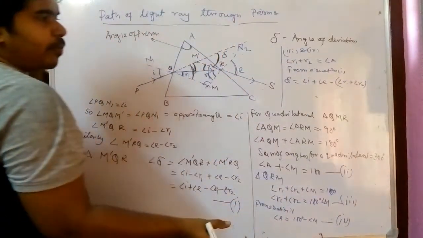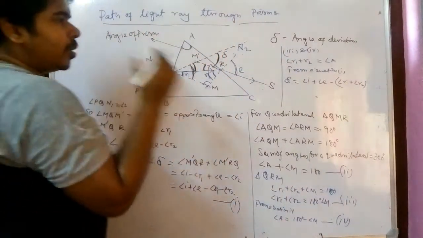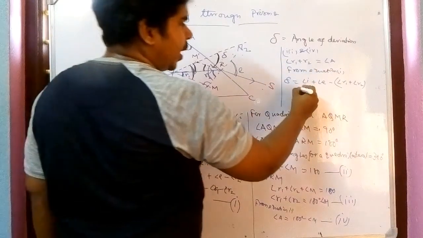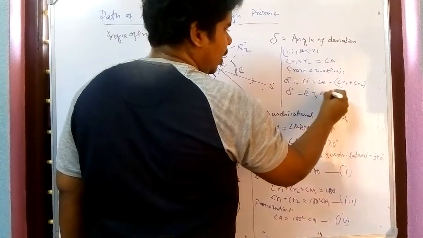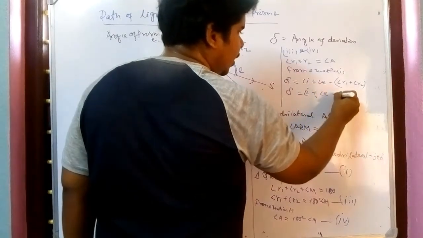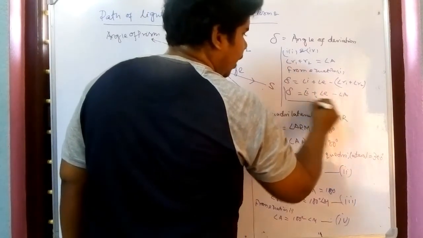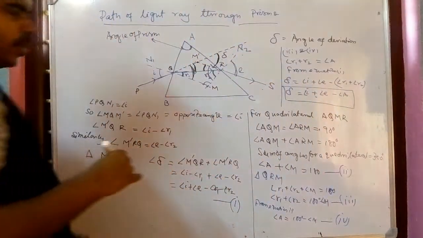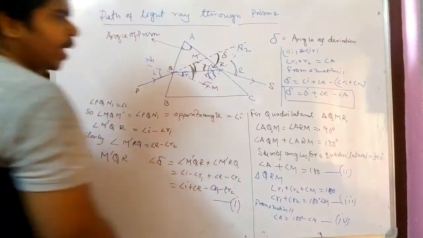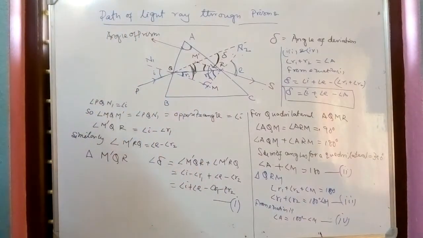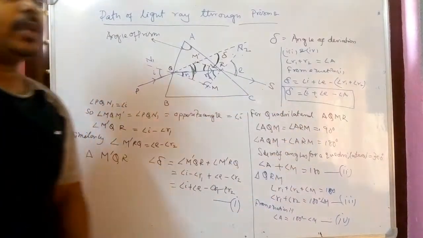So R1 plus R2 we can take out, and instead of R1 plus R2 we can write A. So delta equals I plus E minus A. That is the relation. That shows how the angle of deviation depends on the angle of incidence, angle of emergence and angle of prism. That is the relation we have proved.